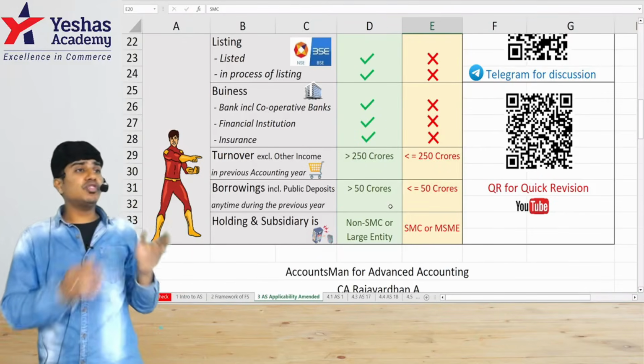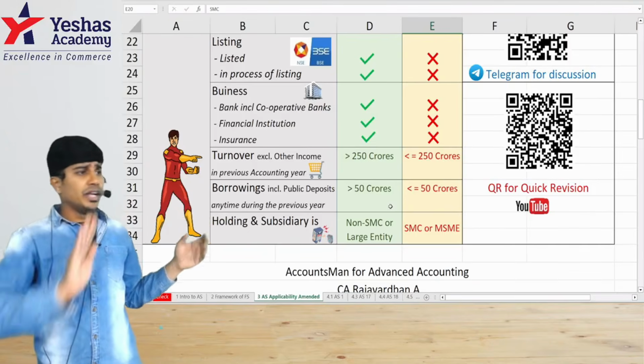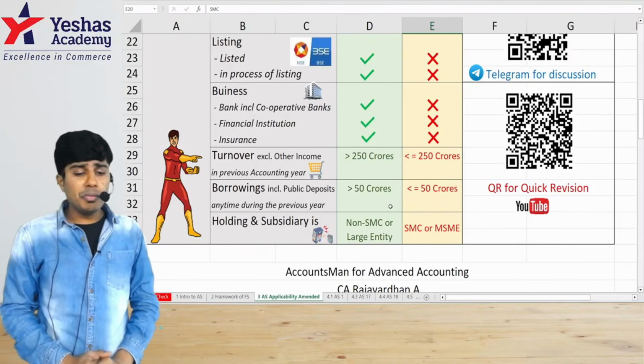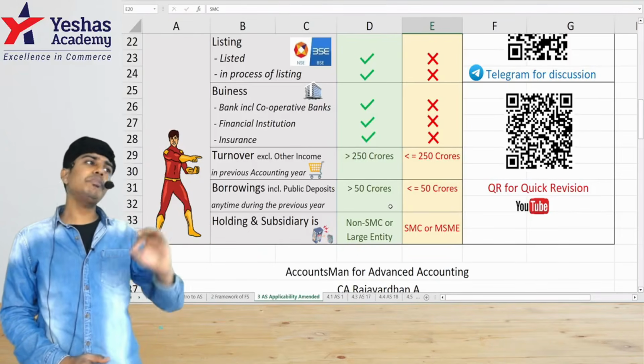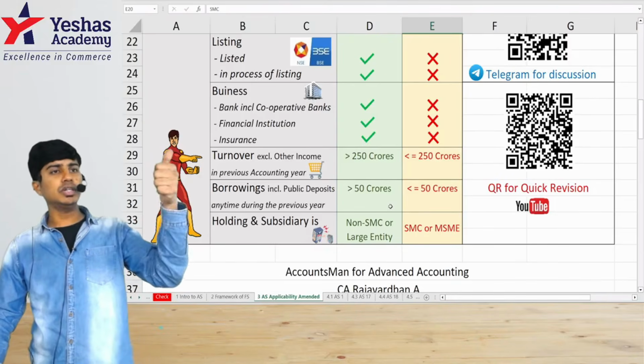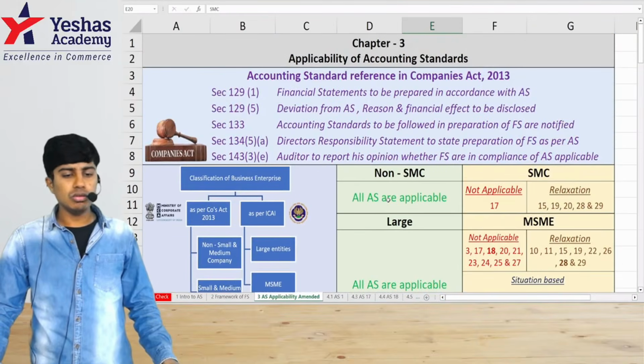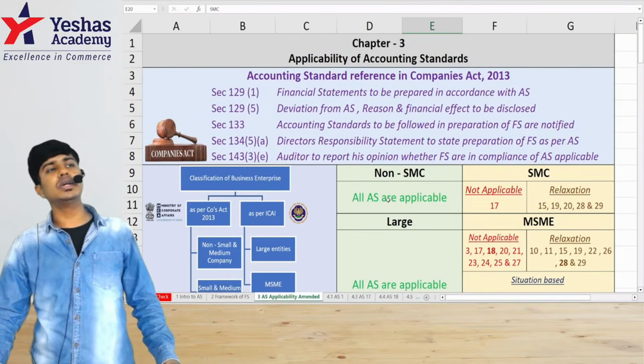So turnover is for the entire previously completed year, excluding other income. But borrowings are at any point of time during the previous year. I hope everyone understood. This is the update on the newly amended applicability of accounting standards.